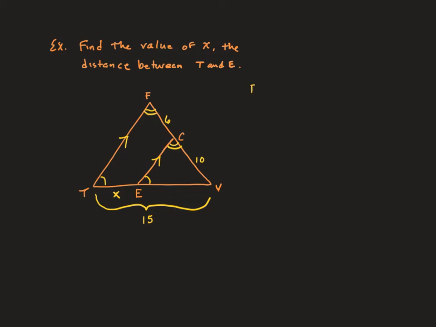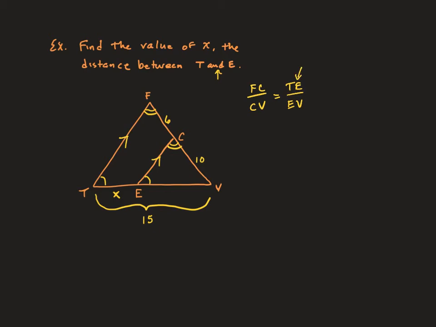So I will just say that FC over CV is going to be equal to TE over EV, and they are asking me to find the distance here between this one right there.